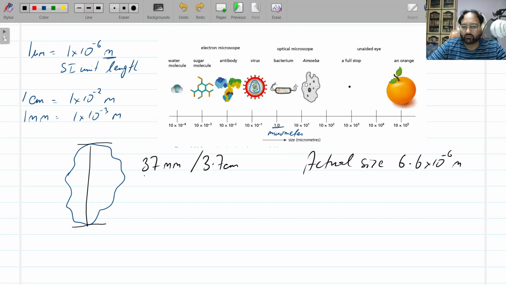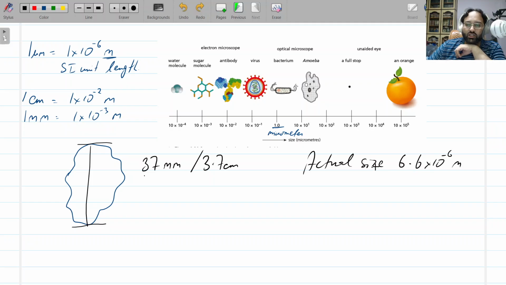Are you following? So they've given 6.6 micrometers.